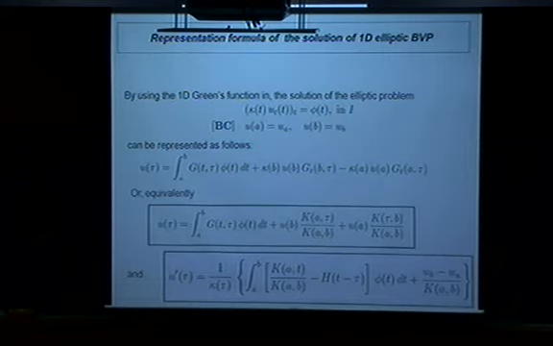Equivalently, with a simple calculation, these terms turn into this form, and we can easily get the derivative itself, which also looks like that. Here, kappa is assumed to be continuous, and its reciprocal function is in L2.